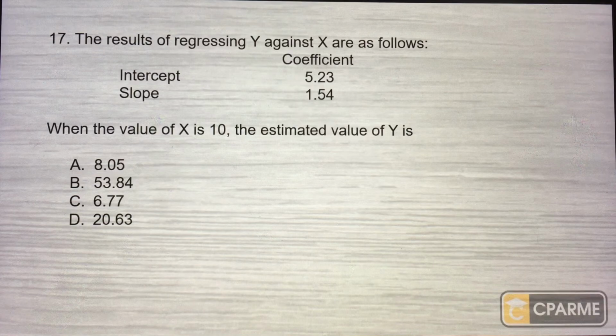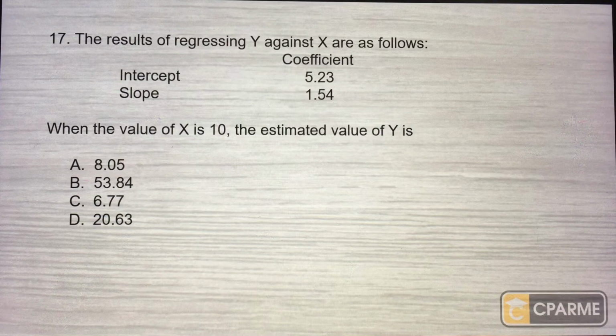Okay, this one. When the value of X is 10, the estimated value of Y is. The results of regressing Y against X are as follows. The coefficient of intercept is 5.23 and the coefficient of slope is 1.54.